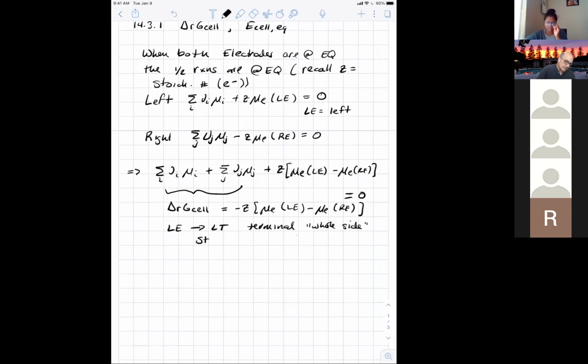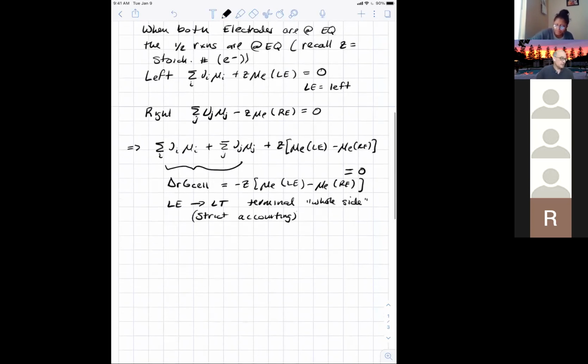So I would say that this is like a strict accounting, right? That's maybe the way you can explain a lot of the things DeVoe does, is a strict accounting. What we end up with is, on the right hand side, the free energy change of the cell.